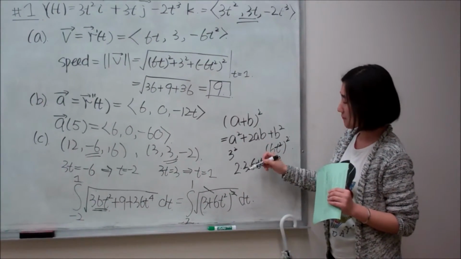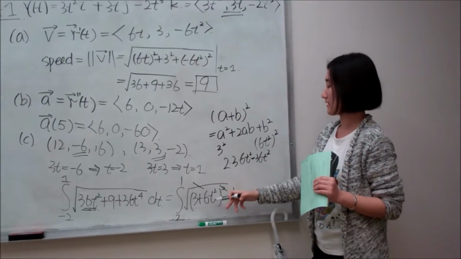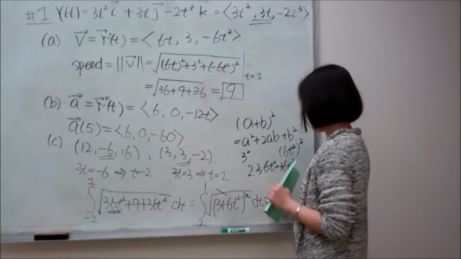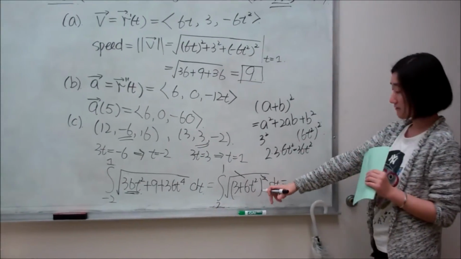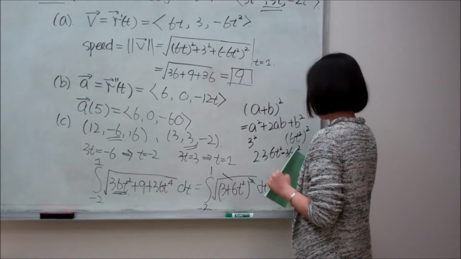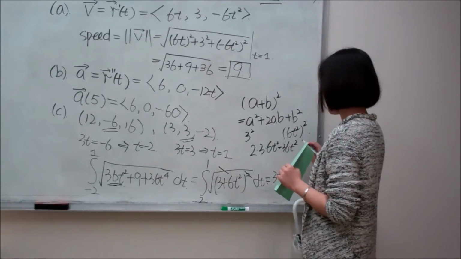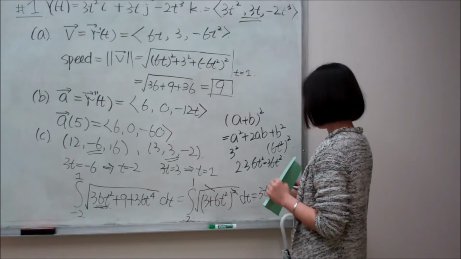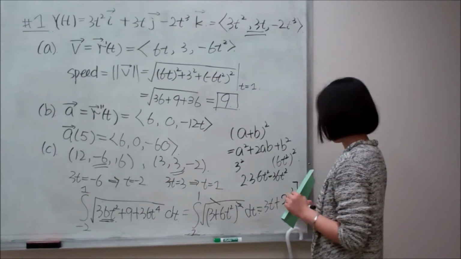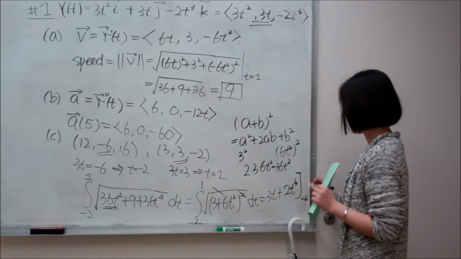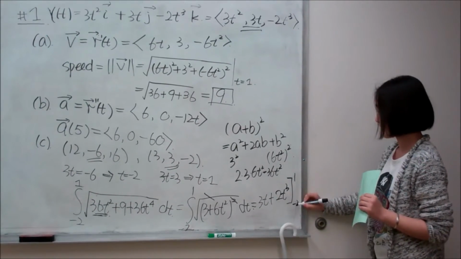So we're actually working with just 3 plus 6t squared here, which we can find the antiderivative really easily. That's going to be 3t plus 2t cubed. Plugging in negative 2 and 1.